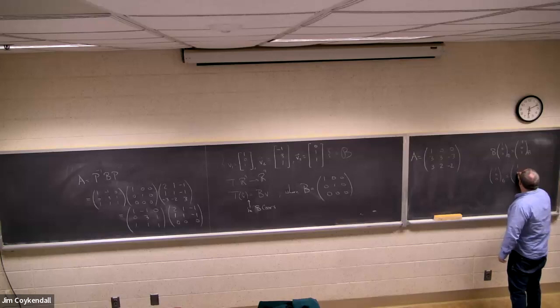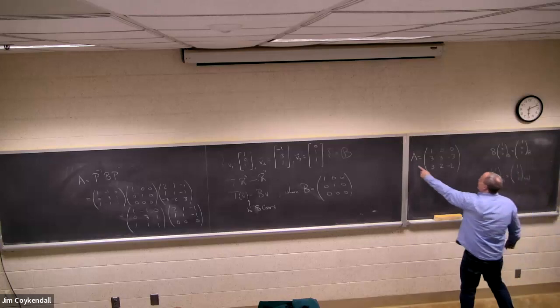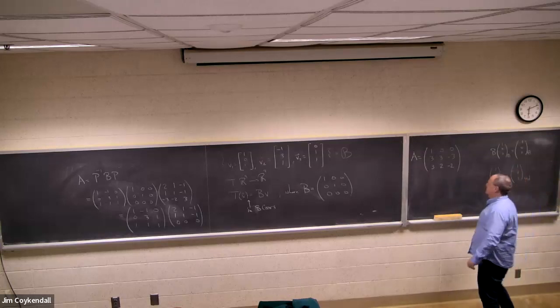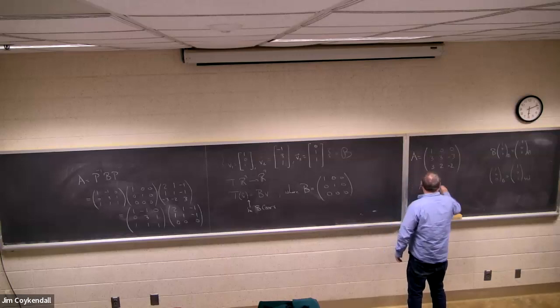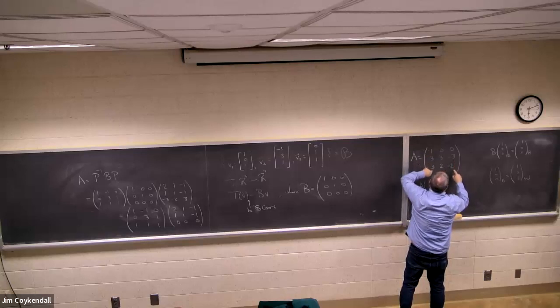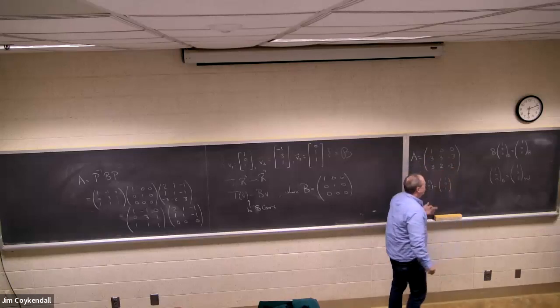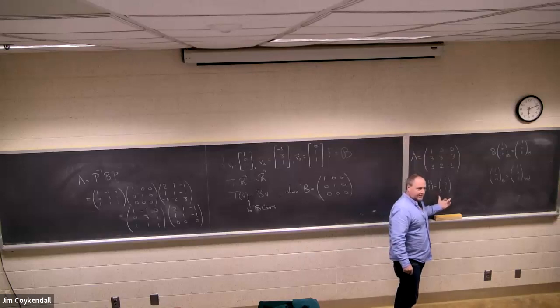It is 1, 0, 1 in standard. Everybody agree with that? What happens when you multiply A times 1, 0, 1? You get 1, 0, 1. So it does what it's supposed to do. It takes that vector to itself.